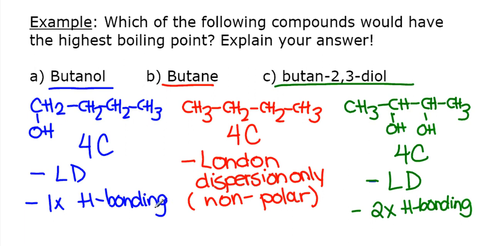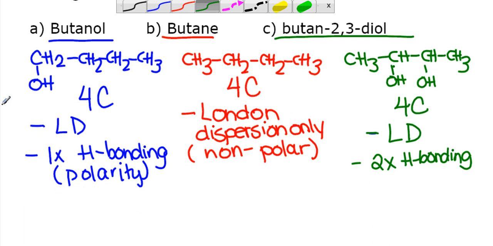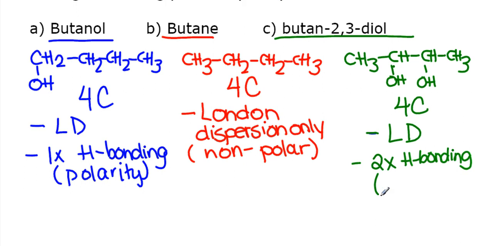Remember, when you start adding in functional groups, it changes the properties. Hydroxyl group is a polar group. This adds some polarity. And the polarity, again, is due to dipole-dipole force, just a special type with hydrogen bonding. The more dipoles you have, though, the stronger the intermolecular force will be.